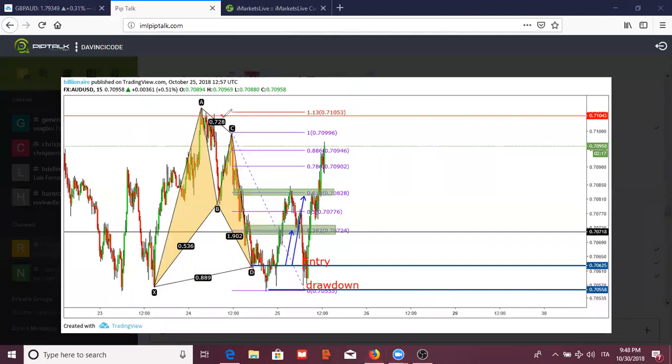Price then gave us another harmonic pattern. Look at this, I don't know if y'all can see this. X to A to B, B to C, C to D. Another harmonic pattern, and I sold it.